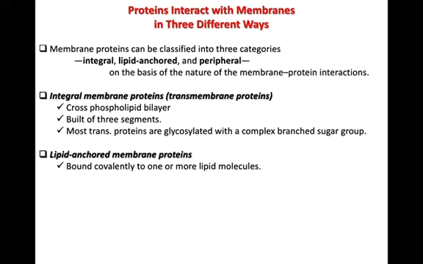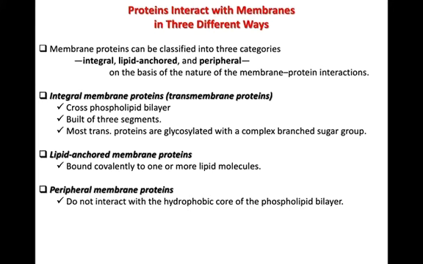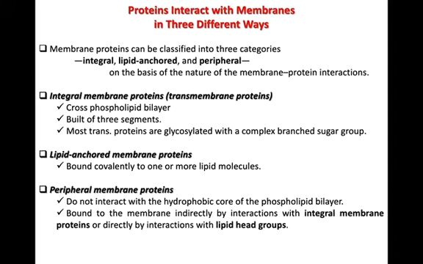While the lipid-anchored membrane proteins are bound covalently to one or more lipid molecules. So you can find that some proteins in the biomembrane are connected to lipid molecules. The peripheral membrane proteins don't interact with the hydrophobic core, the tails of the phospholipids. They don't interact at all.